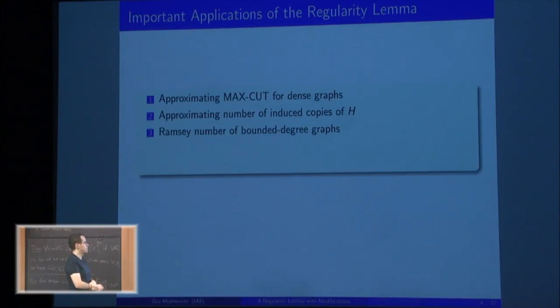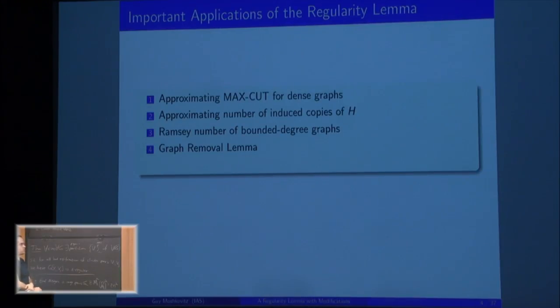From combinatorics, you have the question of Ramsey number of all bounded degree graphs, or graphs of degree at most 10. The first result that showed that this number is linear was proved using a variant of the regularity lemma. And the graph removal lemma, arguably the most important application of the regularity lemma, and also one of the first applications.